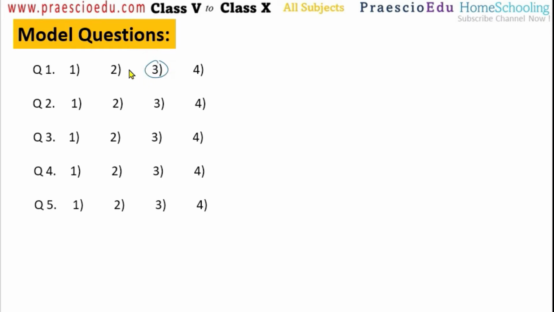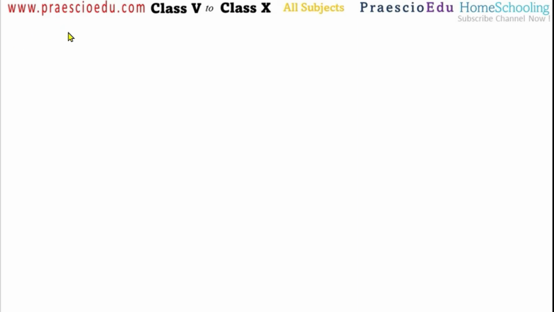Now question number 2. In a family, mother and son's total age is the same as father's and daughter's age. We will make this statement into an equation format. Let's assume M for mother, S for son, F for father, and D for daughter.